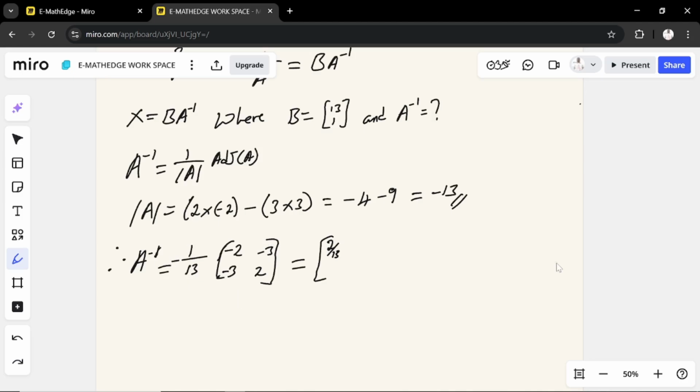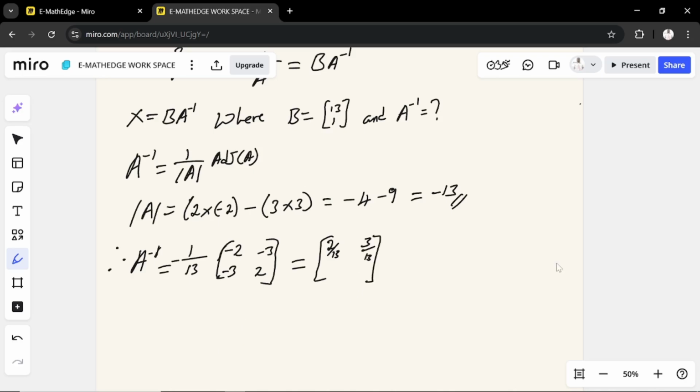Now the next one, we use this scalar value to multiply the second element in the matrix. So it's going to be negative 1 all over 13 multiplying negative 3, let's say all over 1, such that negative 1 multiplying negative 3 is going to be positive 3. So we don't have to write a positive sign. 13 multiplied by 1 is going to be 13. So the element in the first row, second column, is going to be 3 all over 13.